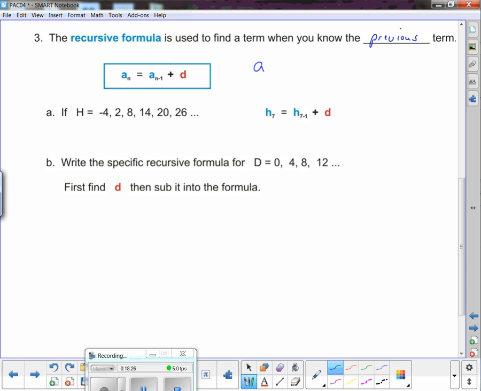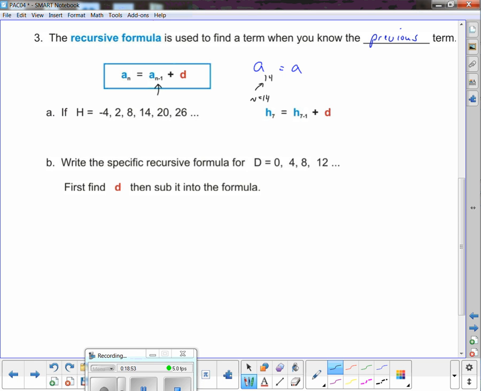So let's suppose we're talking about the 14th term. So it wouldn't be a sub n, it would be a sub 14. Now the next thing we come to is a sub n minus 1. Well, in case you didn't figure it out, in this sequence, n is 14. So we're talking about the 14th term.